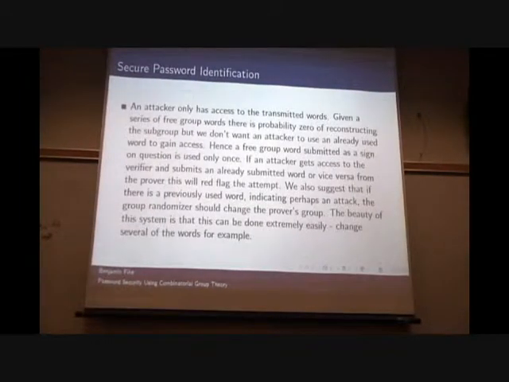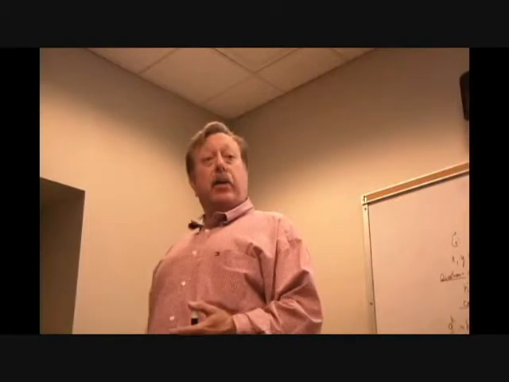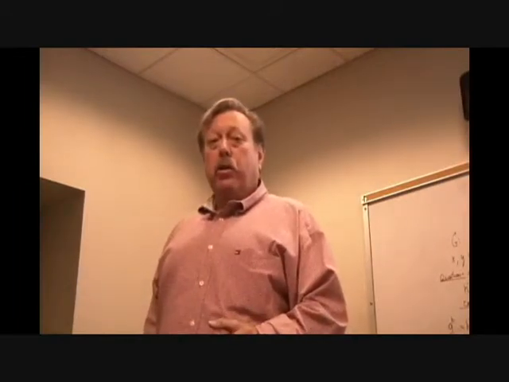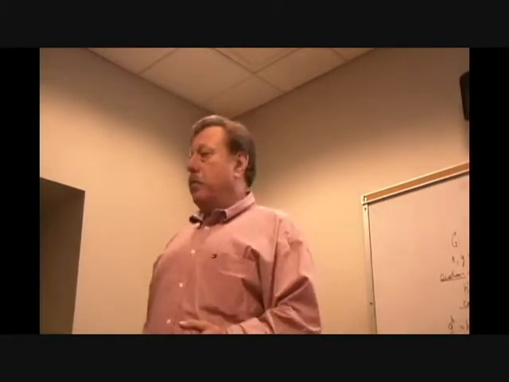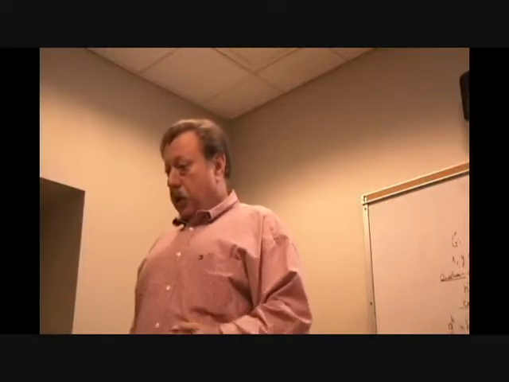But we don't want an attacker to use an already signed word. That's the beauty of the system: change is extremely easy. Change one or two of the words. Let's say we use the bank example again. The bank says, look, your subgroup has been attacked.